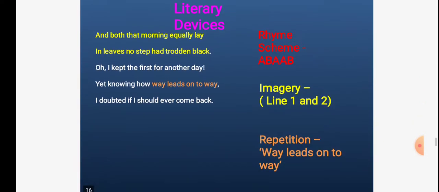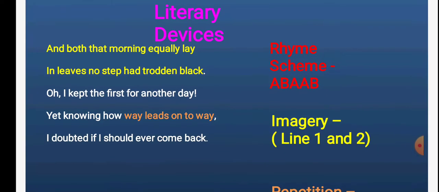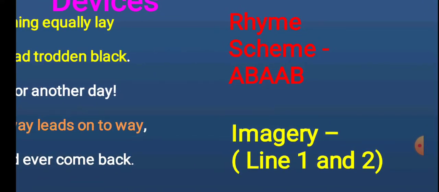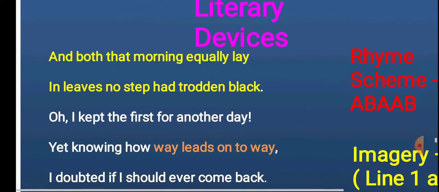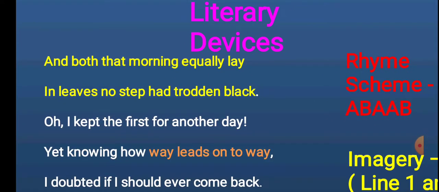Next is the rhyming scheme again, that you have to check personally. Imagery again, line 1 and line 2. And both that morning equally lay in leaves, no step had trodden black.